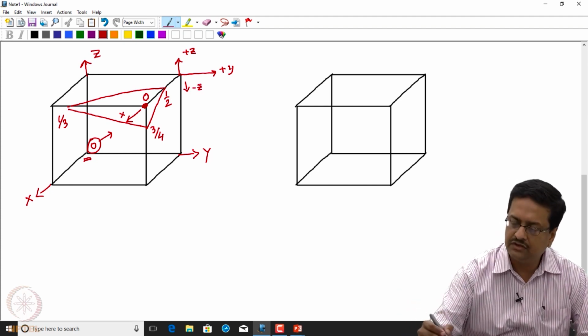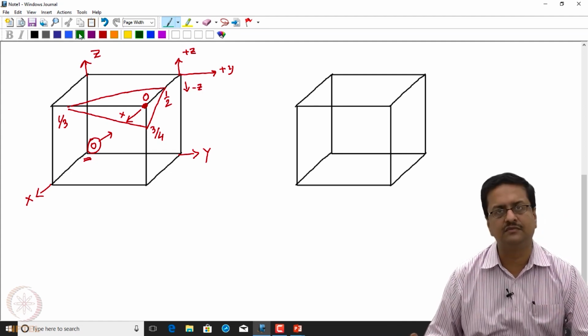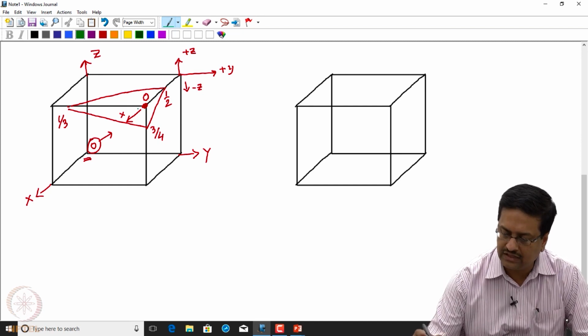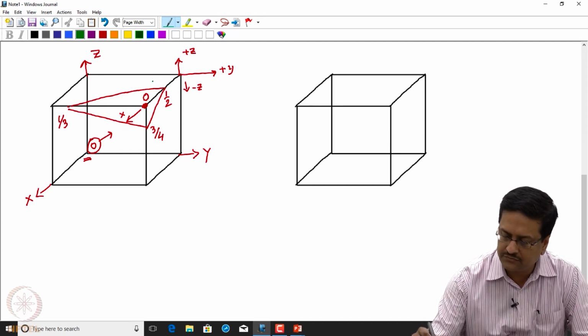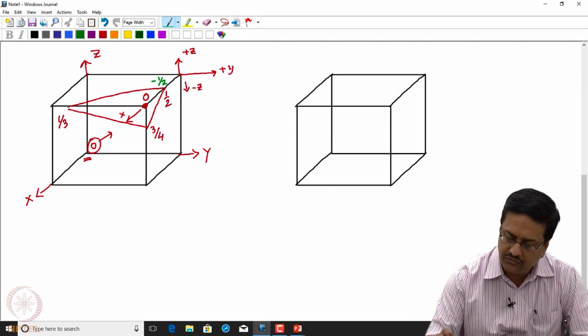So now with respect to this new origin, what are the intercepts? The intercept along x, along this direction, which is here, is minus half with respect to that origin. On y, earlier it was plus 1/3 from that origin.